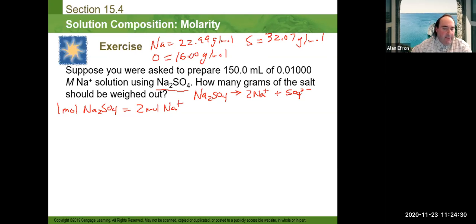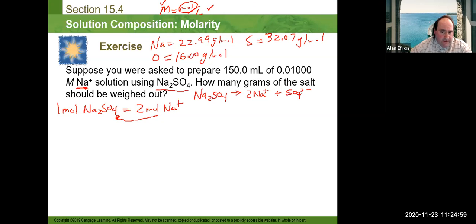In this case, we have the volume and the molarity given to us, so we can find the moles, but it's going to be the moles of the sodium ions. So we're actually going the opposite way, from the sodium ions back to the source of them, to figure out how much we need to weigh out.